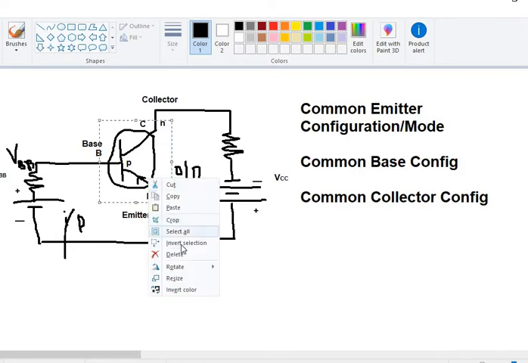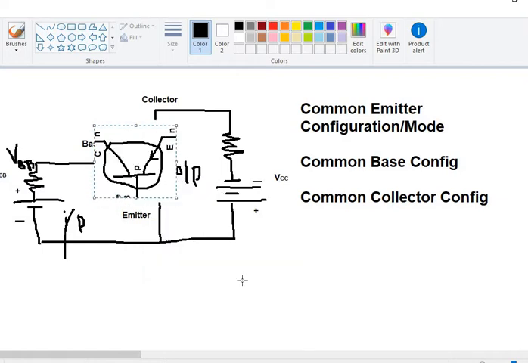In fact it will be moved in this way. This is just to show how it can be common. If we rotate it, the base is common, right?